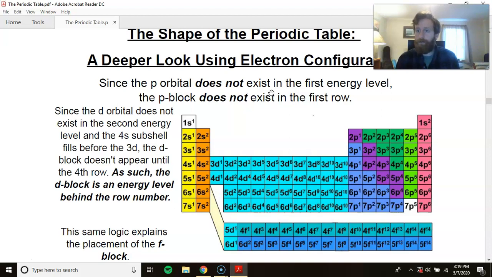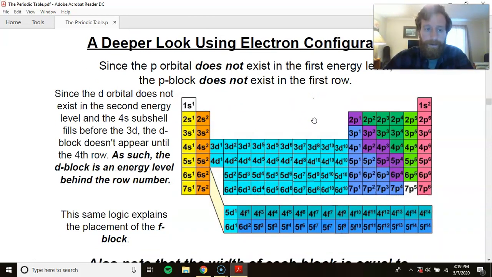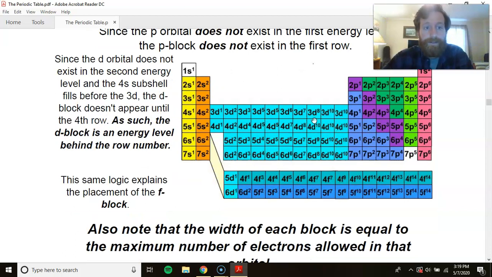There is no 1p possible. So because of that, the p block does not exist in the first row. And then that same pattern kind of follows still. Since the d orbital does not exist in the second energy level, and the 4s subshell actually fills before 3d, the d block doesn't appear until the 4th row.